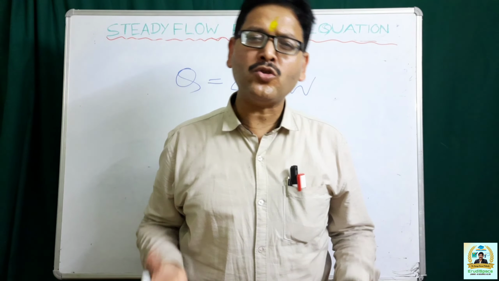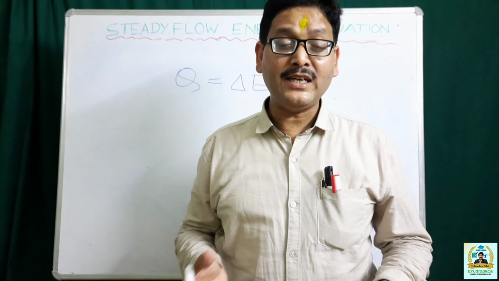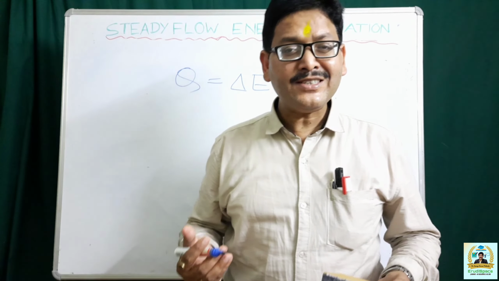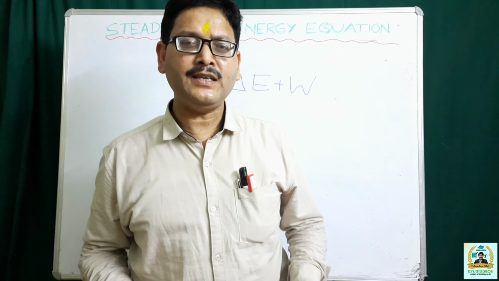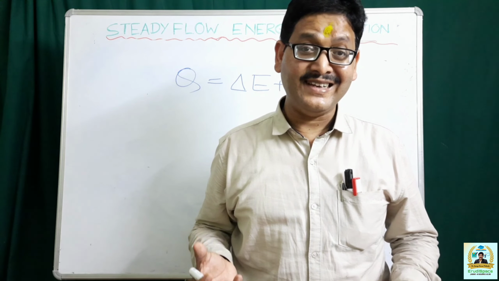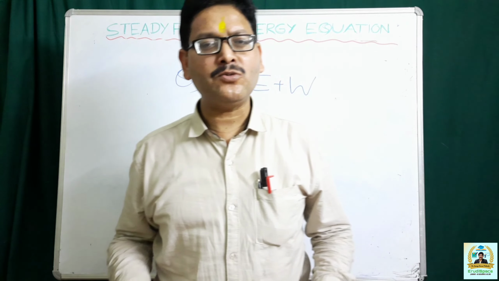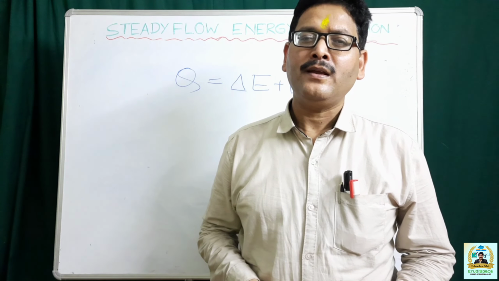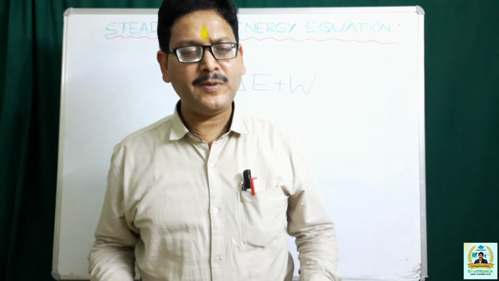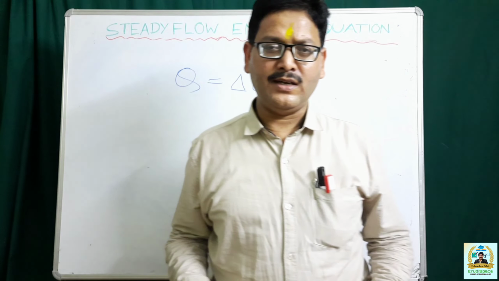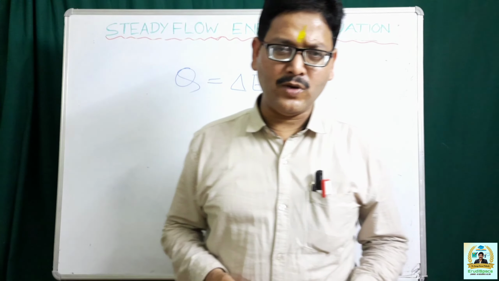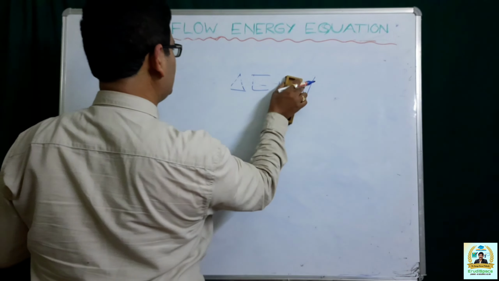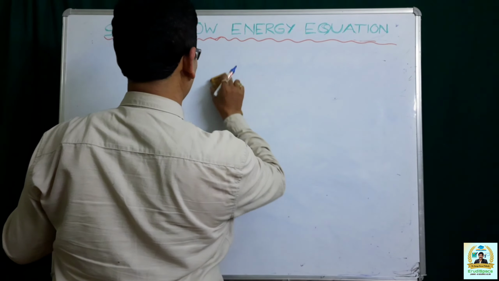This equation will also hold good for the steady flow energy equation, but we will analyze each component of the energy that is entering and leaving. The steady flow energy equation is another form of the law of conservation of energy, according to which energy can neither be created nor destroyed, it can only be converted from one form to another. So for that, let us assume a control volume.